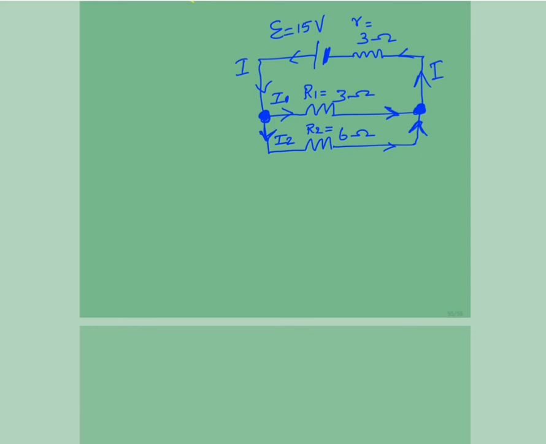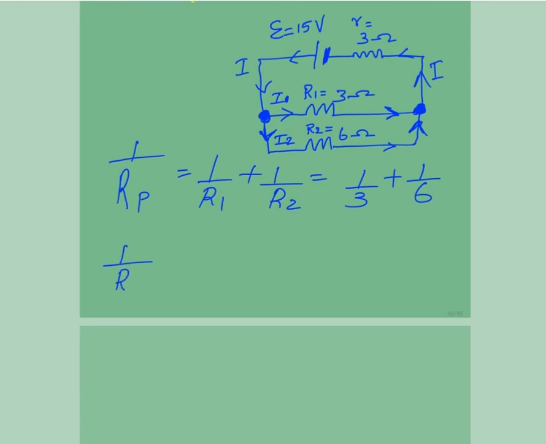First we will find the total resistance in parallel. 1 by Rp is equal to 1 by R1 plus 1 by R2, that is 1 by 3 plus 1 by 6. When you find the value, you will get 1 by Rp equal to 9 upon 18, which after cancellation is 1 upon 2.